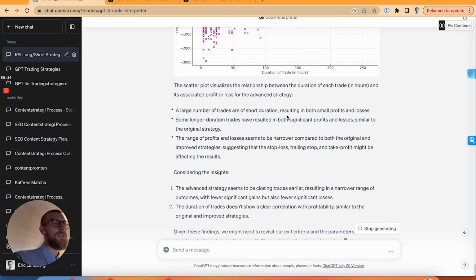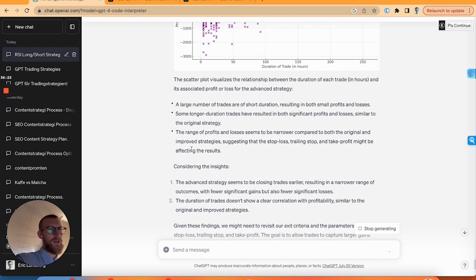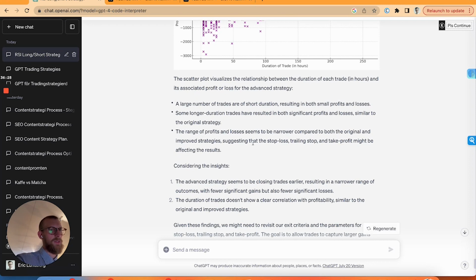A large number of trades are in short duration, resulting in both small profits and losses. Some longer duration trades have resulted in both significant profits and losses, similar to the original strategy. The range of profits and losses seems to be narrower compared to both the original and the improved strategies. And of the improved strategies, the original was the best one. All right, suggesting that the stop loss, trailing stop, and take profit might be affecting the results.